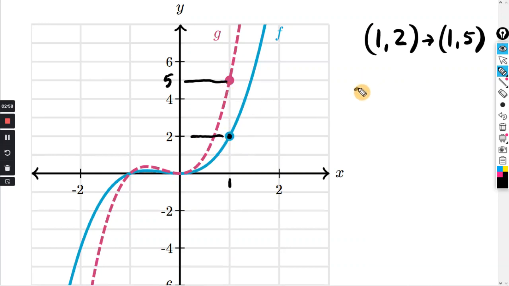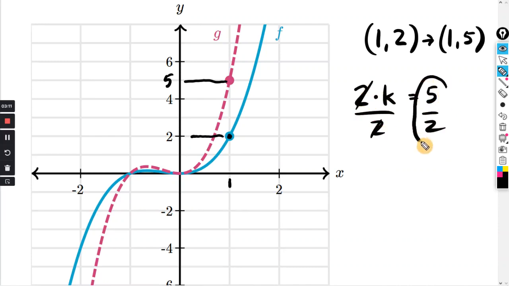Basically, we're saying 2 times what equals 5? We'll call it k. If you divide both sides by 2, the 2's cancel, and k is going to be 5/2. So the whole function is multiplied by 5/2. You can test it with another point if you want, but really they give you this point for a reason.